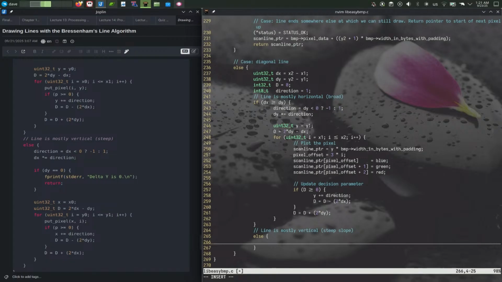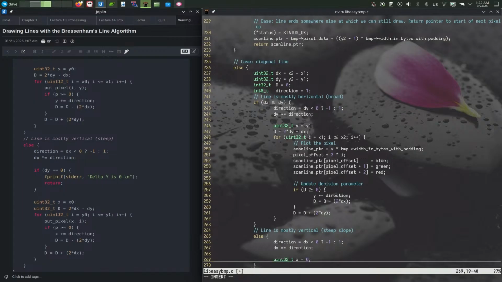Well, we're using dy, but we're changing x instead of y, right? So now the direction can also be negative for x, right? So we're going to do that. But dy can't be 0. We already know that because that would be a horizontal line. It's already captured, right?